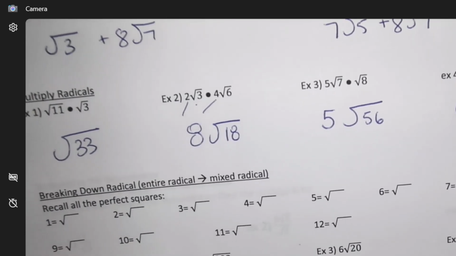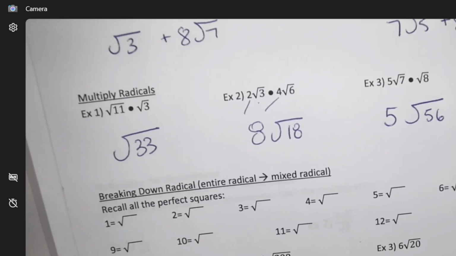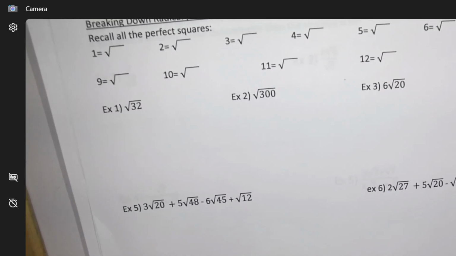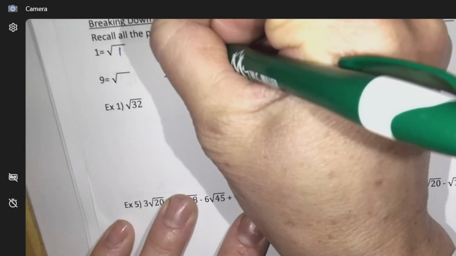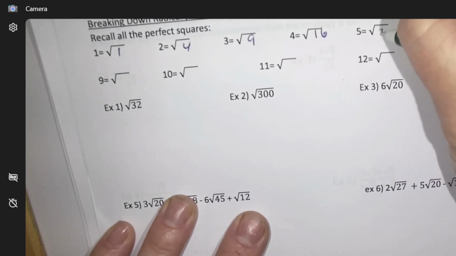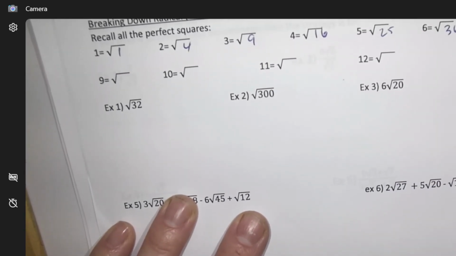Okay, so the next part is for sure something I know that we did in grade 10. But just to refresh your memory, can you give me all the perfect squares? So like 1, 4, 9, 16. Go ahead. See how fast you are.